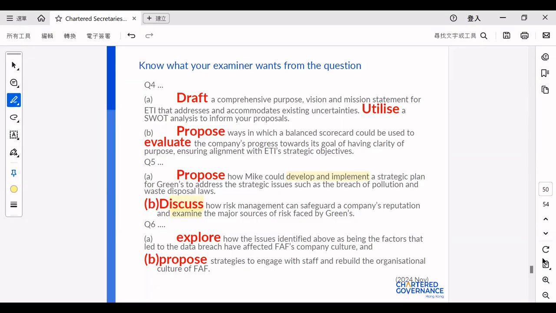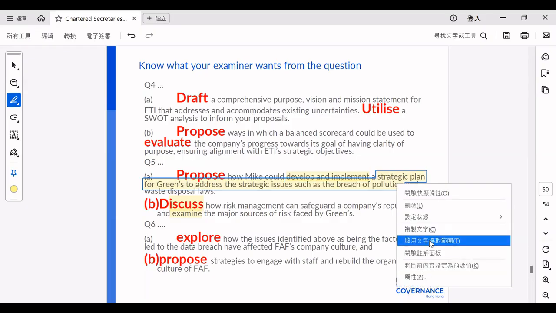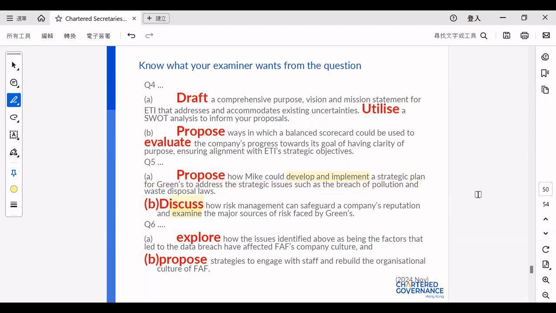So what the examiner expects from you in this question is that you have to propose plans which are feasible, workable, actionable plans. You have to propose this strategic plan which is actionable, a realistic plan. And then you have to outline the planning process, how you will implement it.